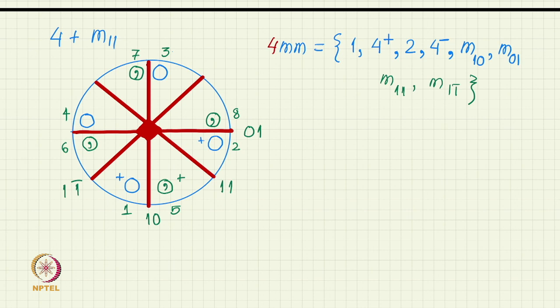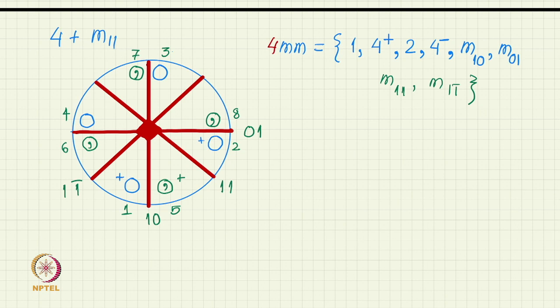So, combination will automatically give you some other mirror from this set. It is a group, so it has to be closed, it cannot go out of the group operations. So, any combination will produce some other combination, and that can be easily checked by the matrix method.